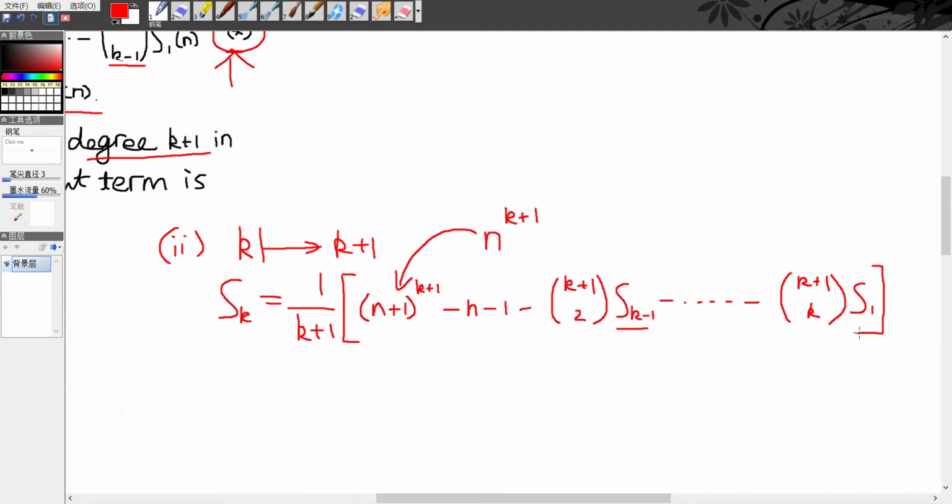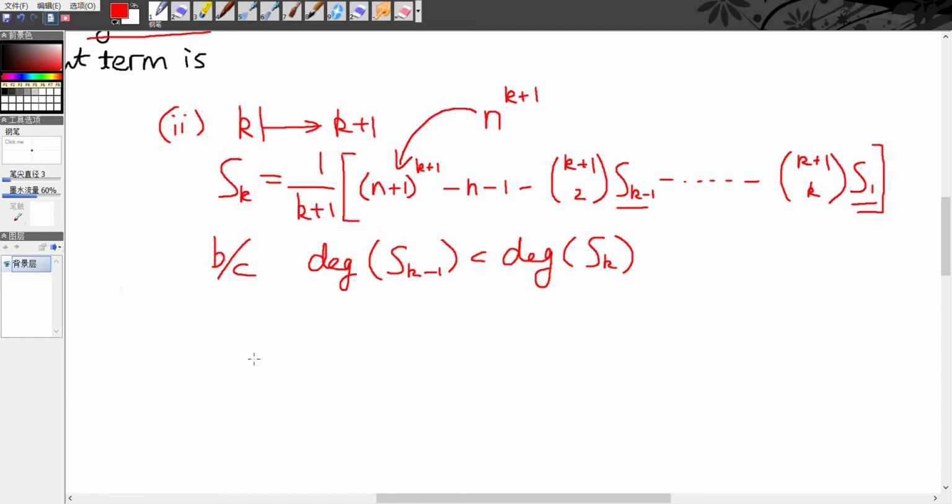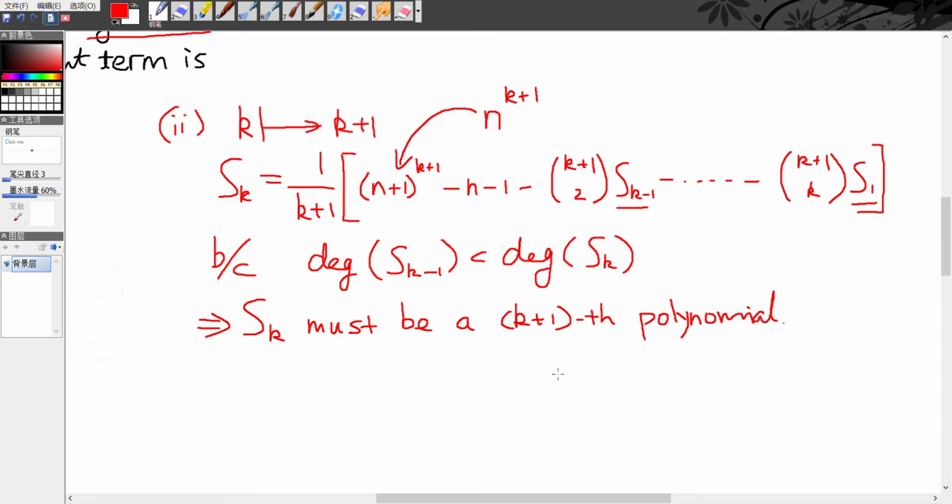And for the following ones, because the degree of s_{k minus 1} is actually less than the degree of s_k, s_k must be a k plus 1 degree polynomial.